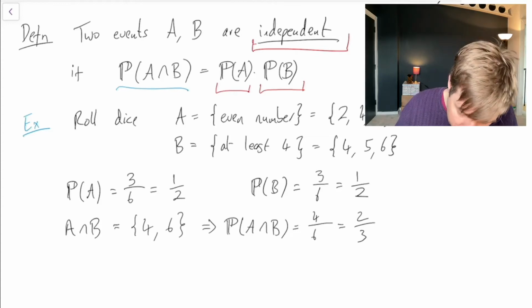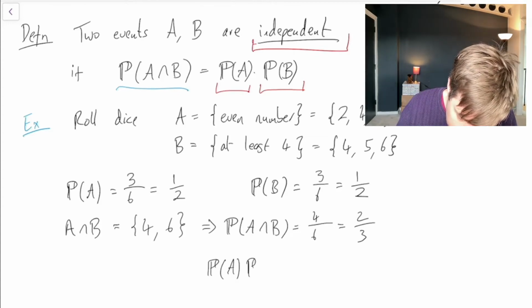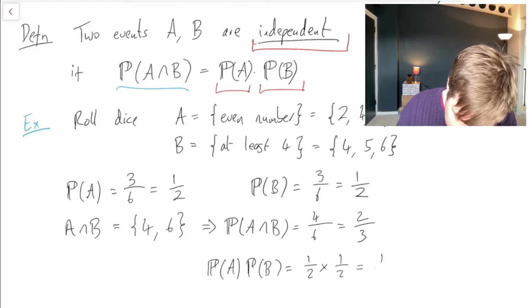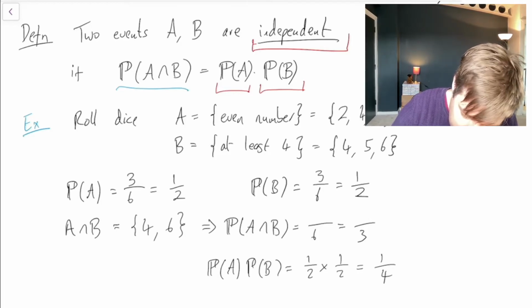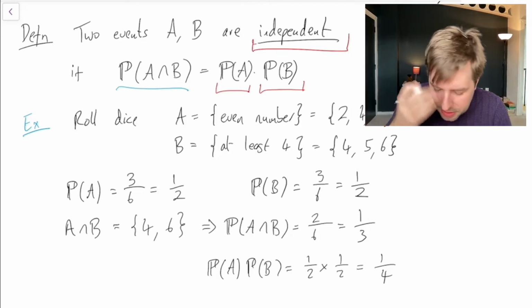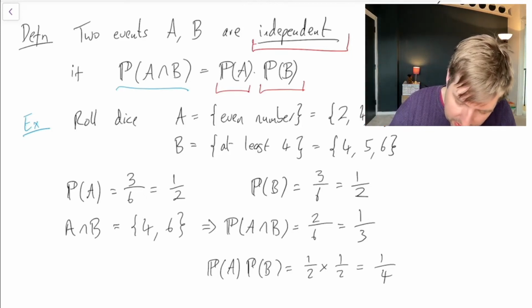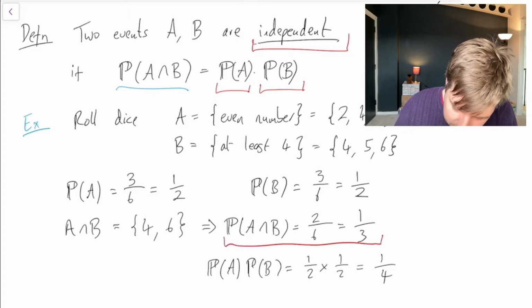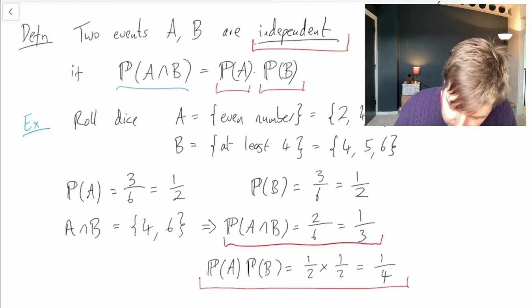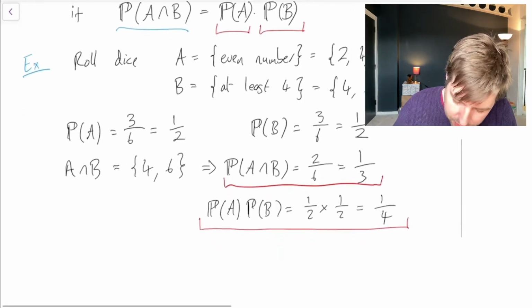So the question is, do these satisfy the definition of independence? Well, no, they don't, right? Because probability of A times the probability of B is a half times a half equals a quarter. I just realised I've made a mistake in the previous line. A intersect B was 2 possibilities out of 6, which was 1/3. Sorry about that. But we see that the probability of A intersect B is a third, and the probability of A times the probability of B is a half times a half equals a quarter.